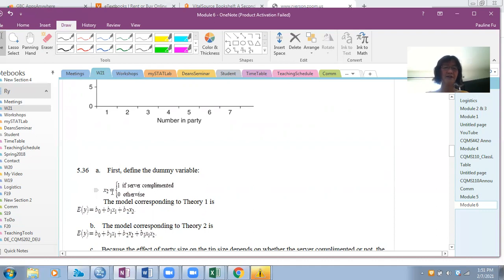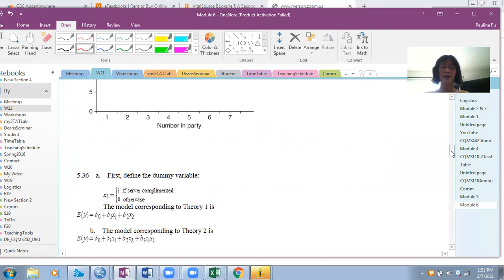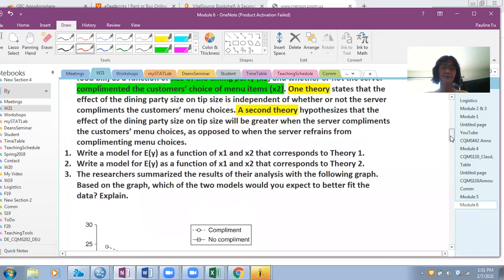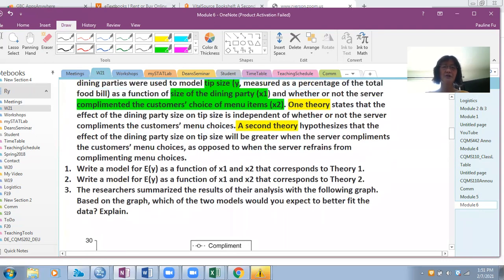Okay, so that is X2. And then what is X1? X1 is party size. Party size is a quantitative variable. So in this example, we have both quantitative variable X1 and qualitative variable X2.